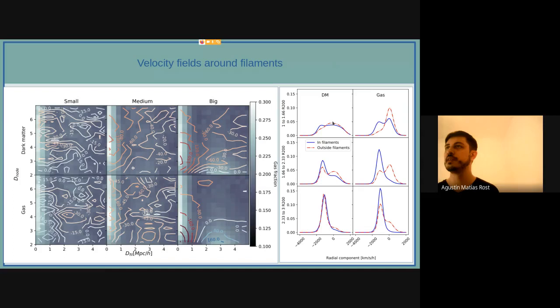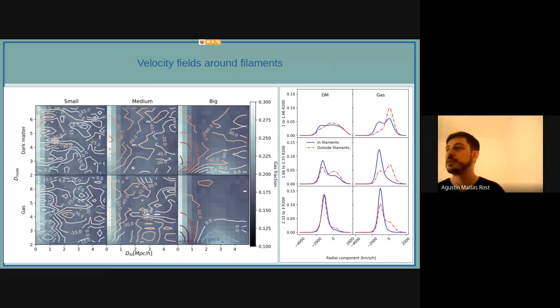We see that it doesn't matter whether we are inside a filament or outside a filament for the dark matter case. It is the same. You are going to fall towards the center of the galaxy cluster the same way. But for the gas, this is a completely different story. It really matters whether you are inside a filament or outside a filament. If you are inside, the velocities are going to be much more negative. So it means that it is very efficient for the material to be injected through a filament to the center of the cluster.